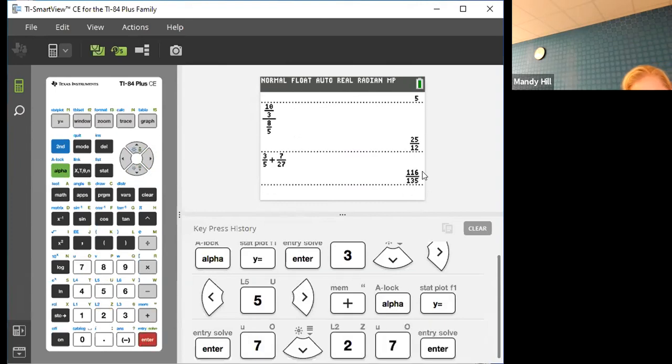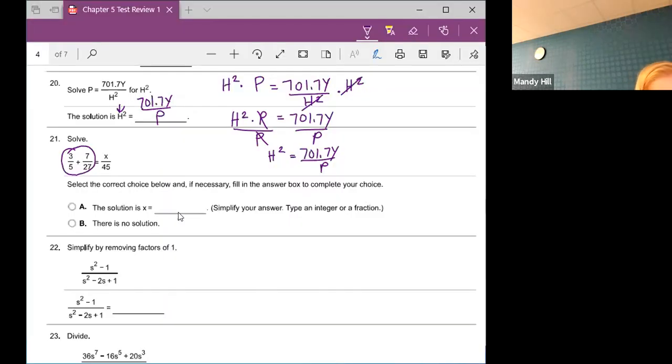I'm getting 116 over 135. Did I type 3/5 plus 7 over? So 116 over 135.